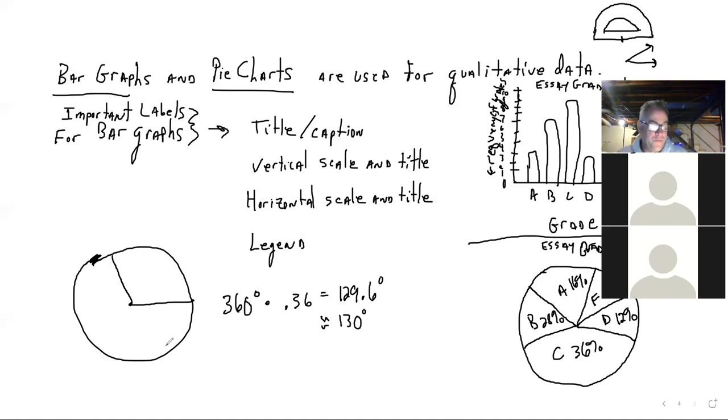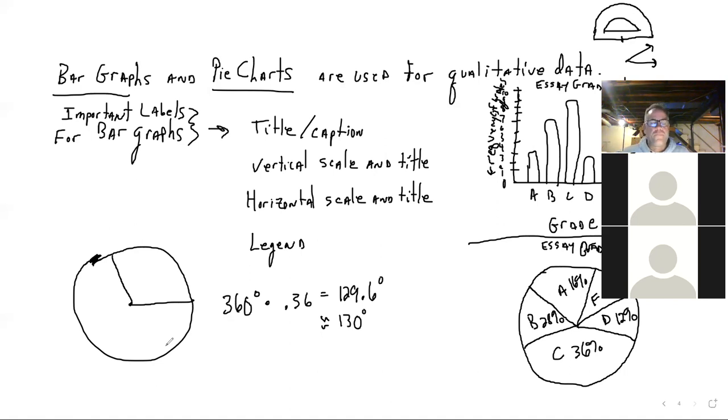But that's how the computer program makes it proportional. Okay. Any questions on either of these two? Bar graphs, pie charts.